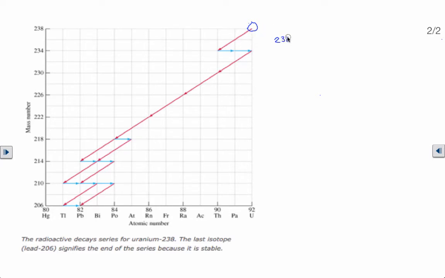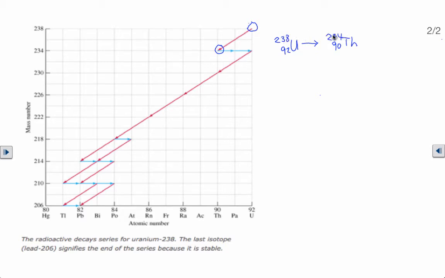So we have uranium 238, and it decays to give us thorium 234. And just check that it is alpha decay.